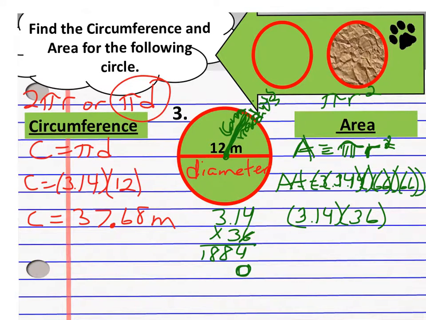And of course, 3 times 3.14 is 942. Add straight down. Move over twice, and you get your final answer of area equals 113.04 square meters.